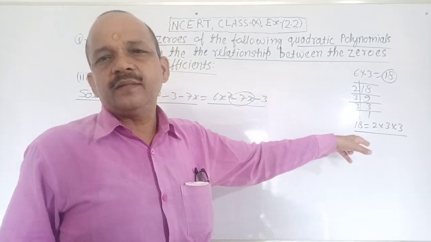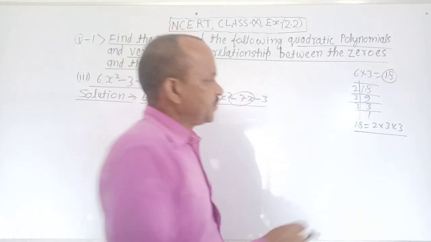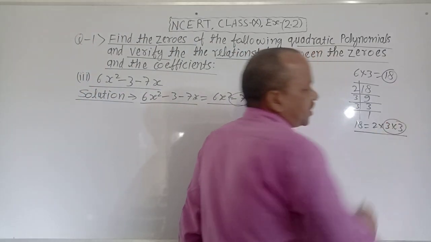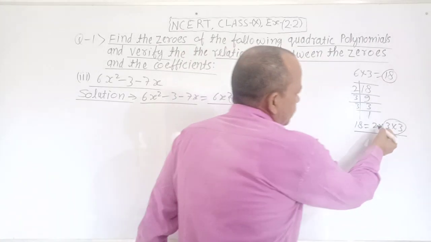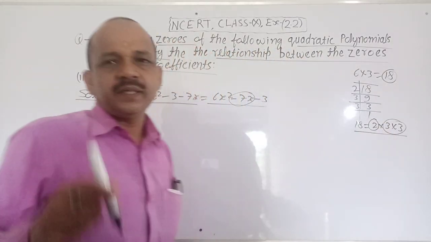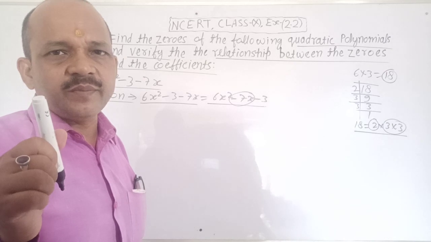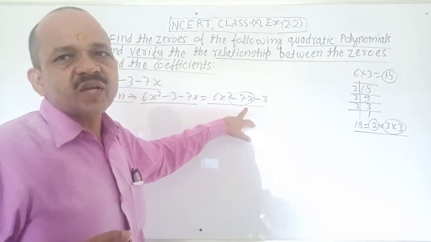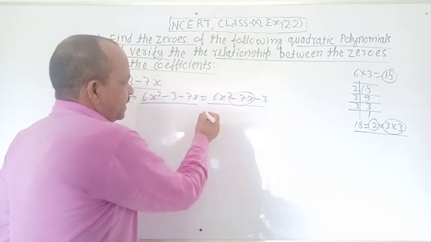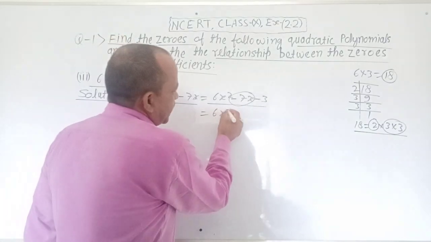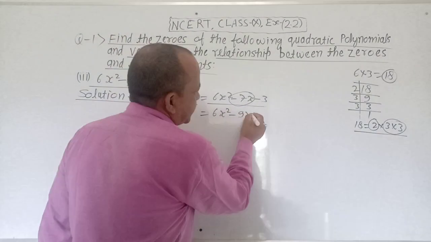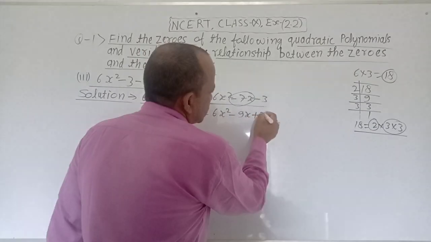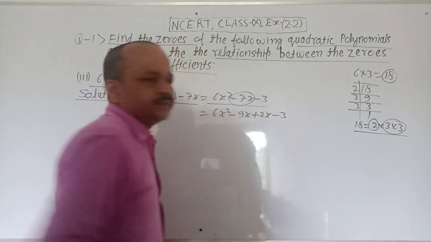Now you make two pairs of factors. Here 3 multiply 3 is the first pair and 2 is the second pair. It is clear? No confusion about it? Very good. Now you split -7x. You can write here 6x square minus 9x plus 2x minus 3.